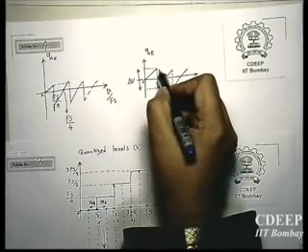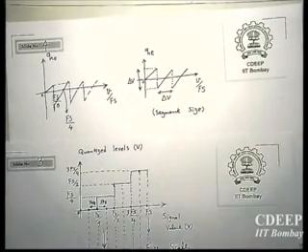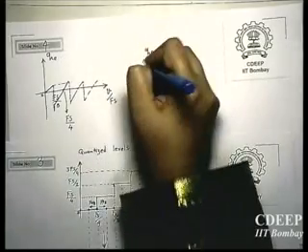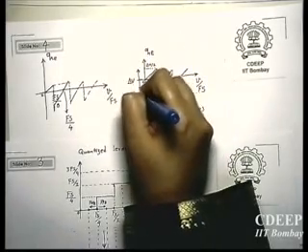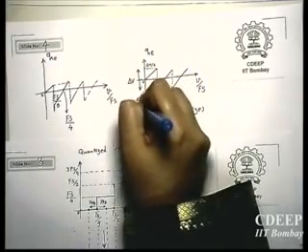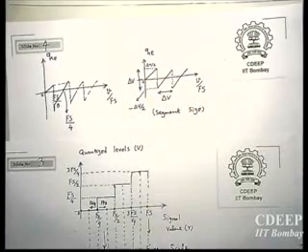So it will be delta V by 2 to minus delta V by 2 maximum.